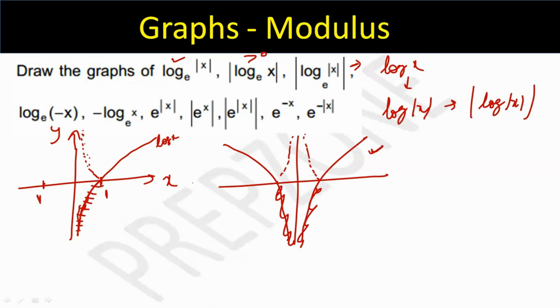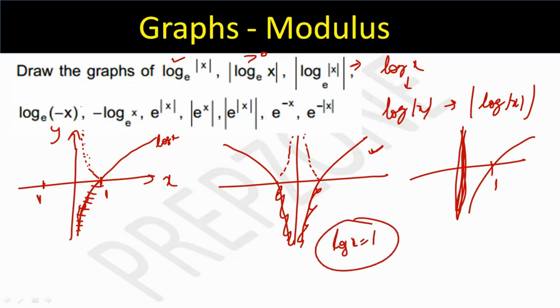Okay. Next is log of minus x. This is the graph of log x, right? This is x equals to 1. So log of minus x is nothing but its mirror image across the y-axis, right? Why? See, how do we check it? Earlier in log x, when x is 1 it was 0, but now when x is minus 1 it will be 0, right?